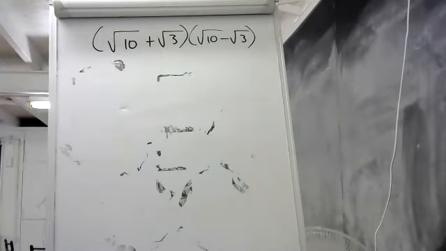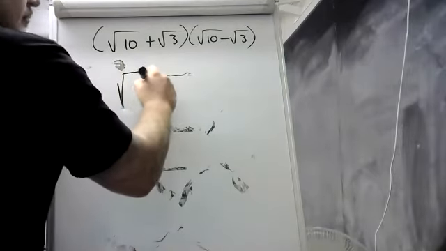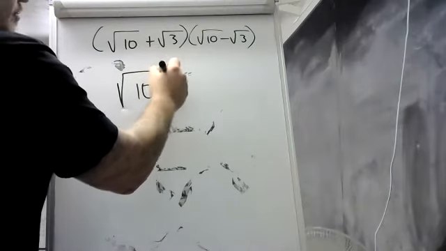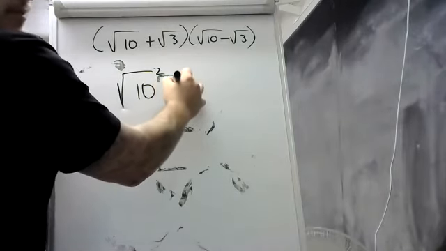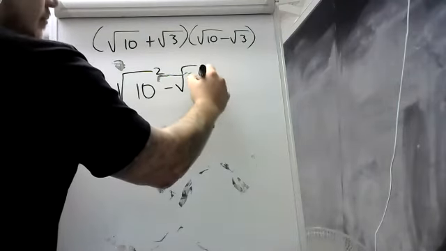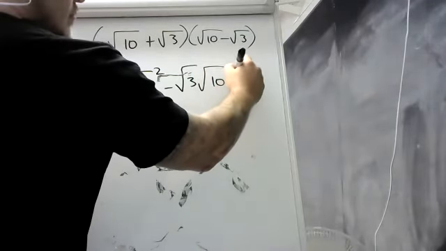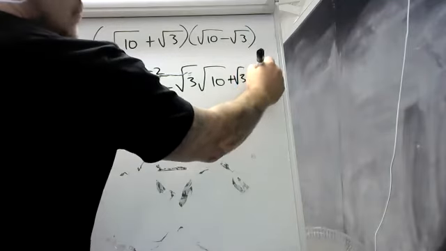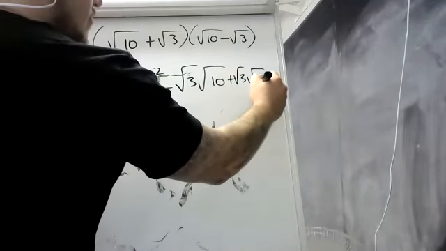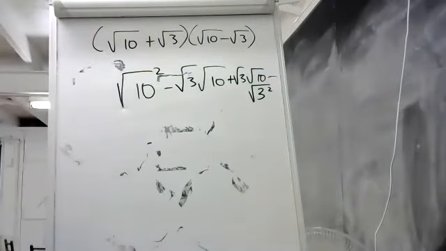I got 7. Perfect. So we would have 10 to the power of 2 minus... excuse my terrible not moving myself enough room on the board. Was that your first line, Henry? Yes.